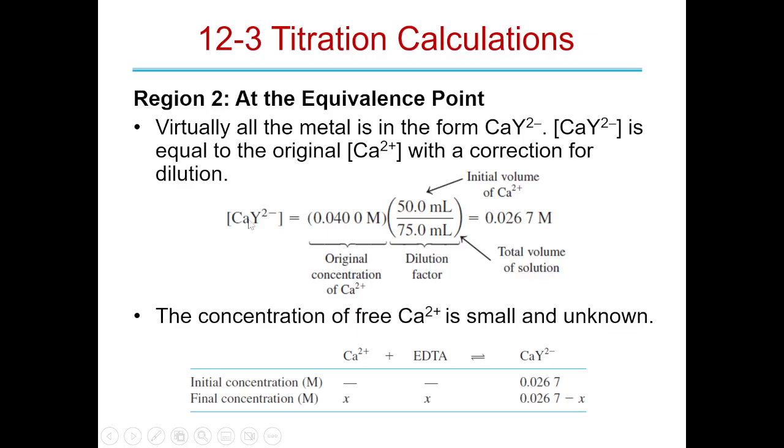So the calcium bound to the EDTA Y4 minus form is going to be the original concentration of calcium corrected for its dilution factor. And its dilution factor, of course, is going to be the new volume. In this case, region 2, we had to have added 25 milliliters, didn't we? Where did I get the 25 milliliters, by the way?